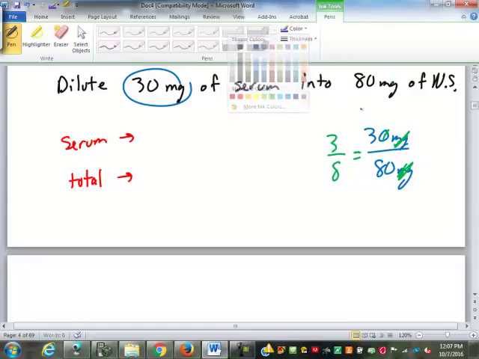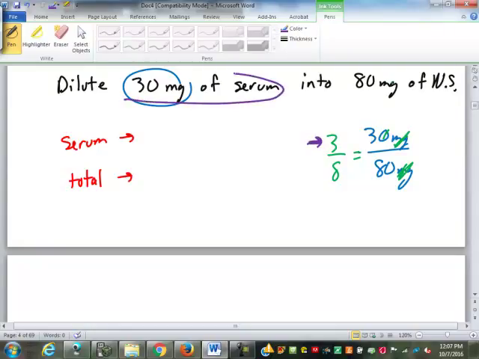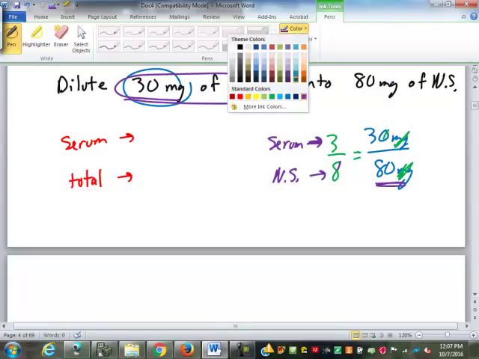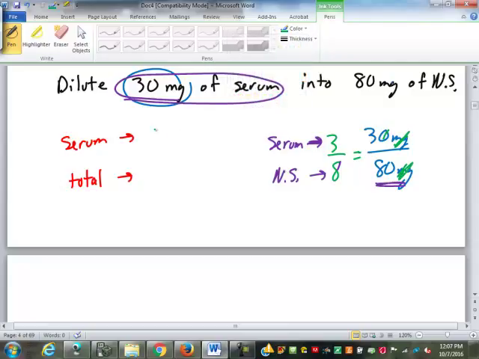But what is that 3 representing? That comes from the 30 milligrams of serum. What is the 8 representing? It's the 80 milligrams of saline. Does that fit our dilution ratio? No. The 3-part serum does, but what's going to be on the bottom of that ratio? 11. Good. Total parts. The total is always serum plus saline.